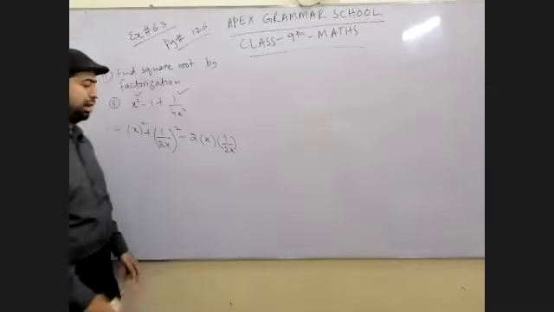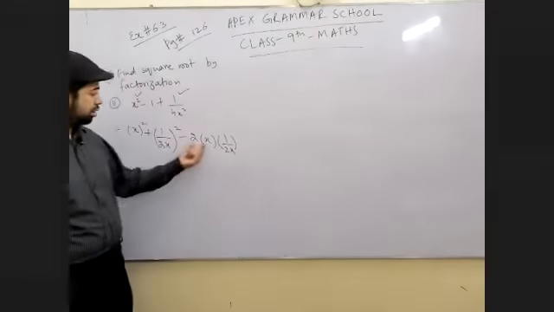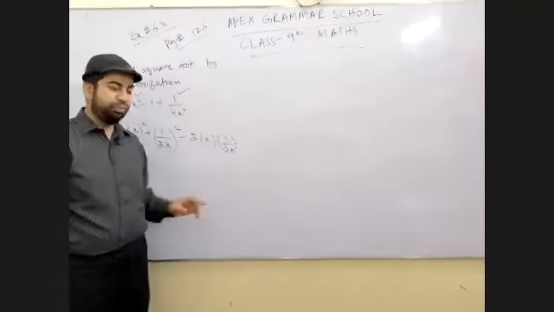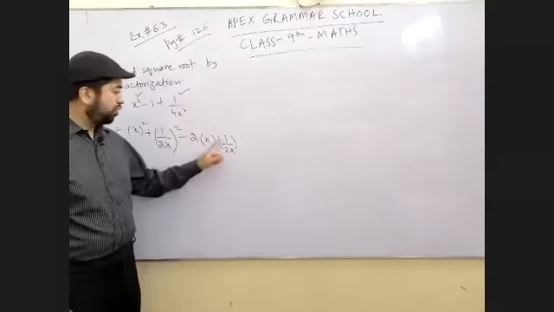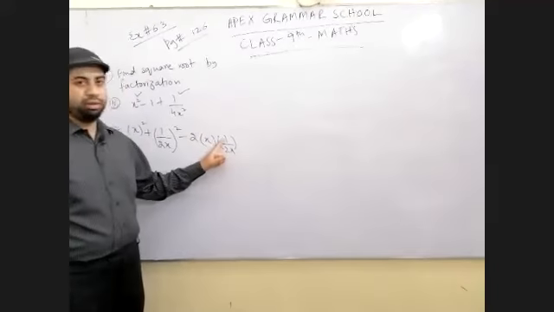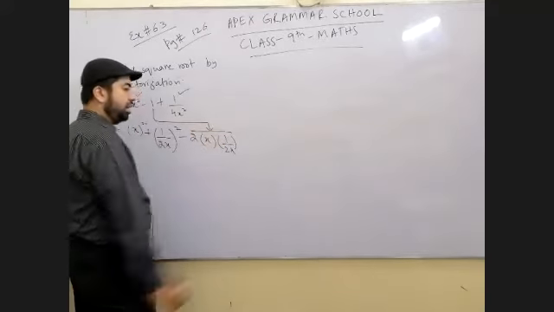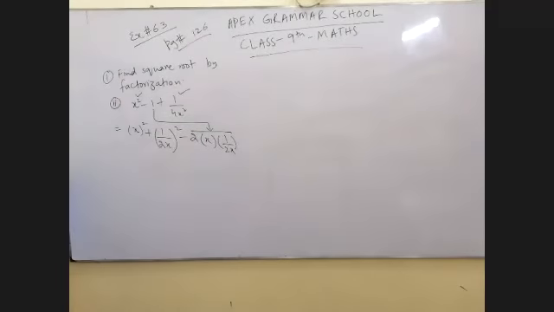Now you can see that this 2x can cancel this 2x, because this is on the numerator, this is on the denominator, and both are going to multiply. So after cancellation of 2x, you are left with only 1. So this verifies minus 2ab totally. So you have the situation of a minus b whole square type.